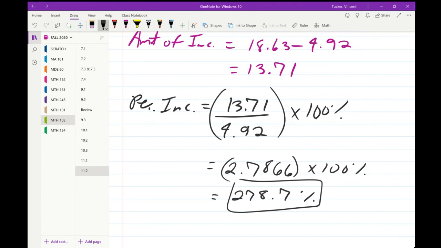So this will end up being a 278.7% increase, which is a lot, but that's how it happens. Sometimes it happens like that.